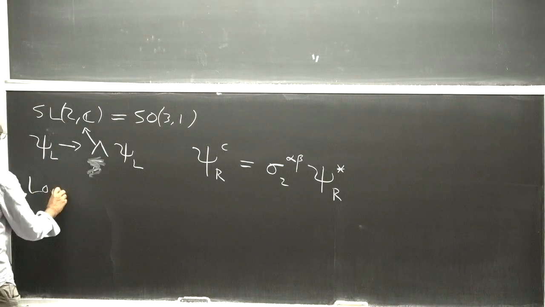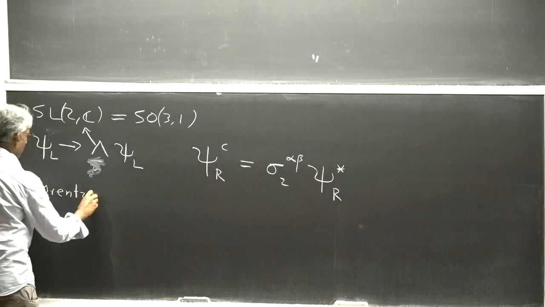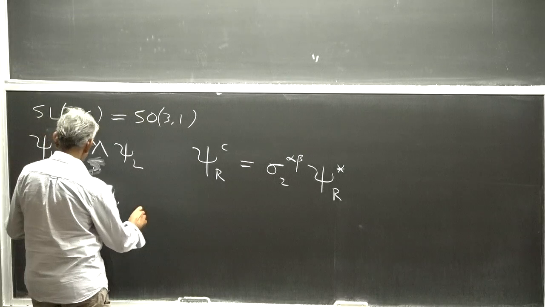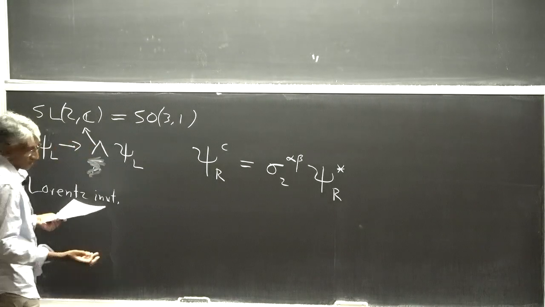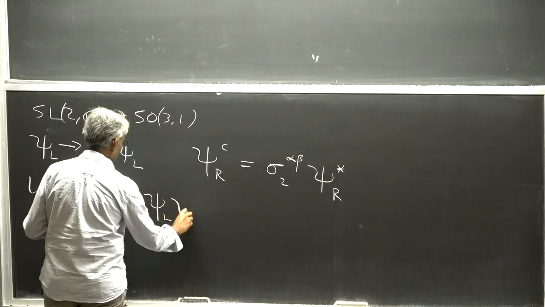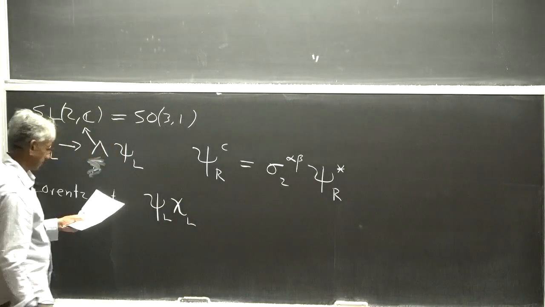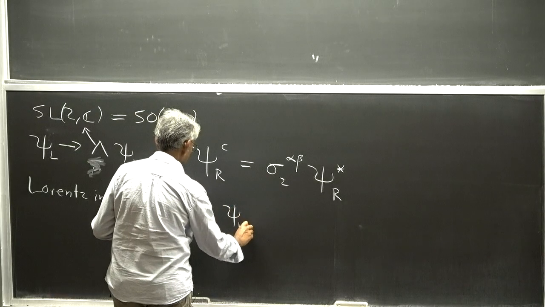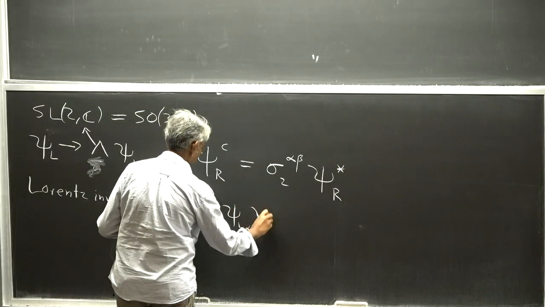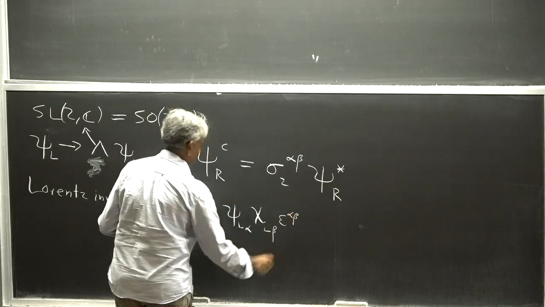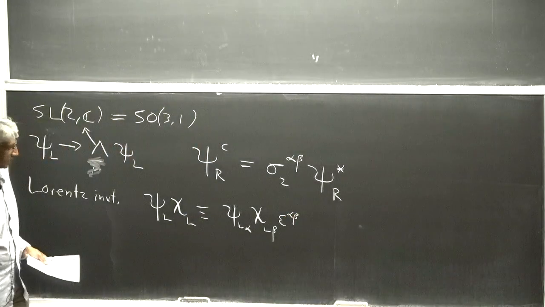Of course, the Lorentz invariants in two-component language are, well, the kind of bilinears you form. One that is Lorentz invariant is, say, two spinors. They may be the same or they may be different. When you write that, what you're really writing is ψ_L^α χ_L^β ε_αβ, the usual antisymmetrizing epsilon.